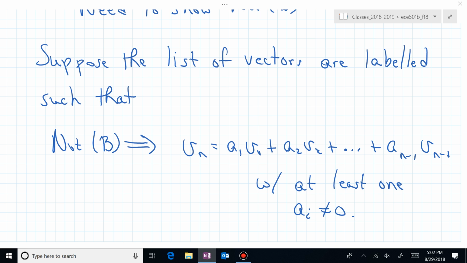So that's what I mean by not B. And I've labeled them in such a way that the last vector in the list, V sub n, is the one that's the linear combination of the others.